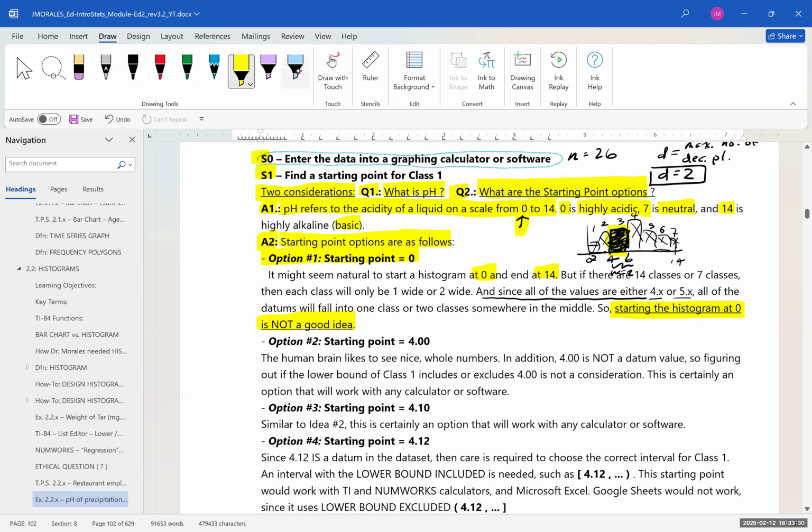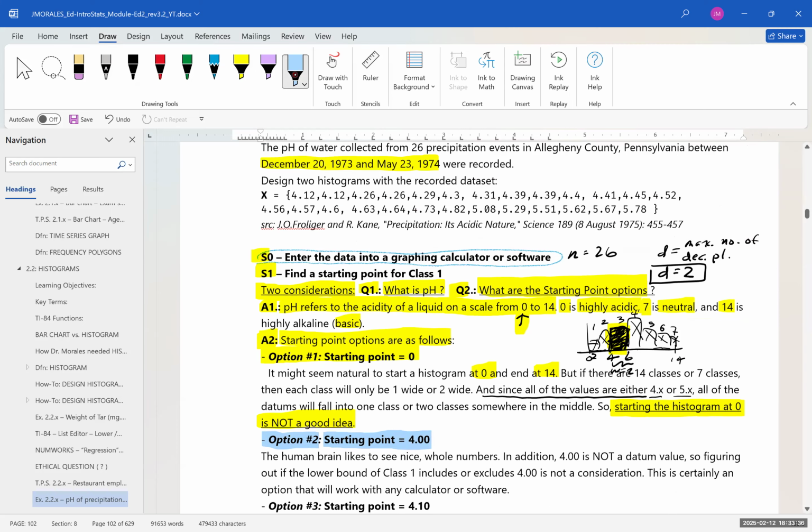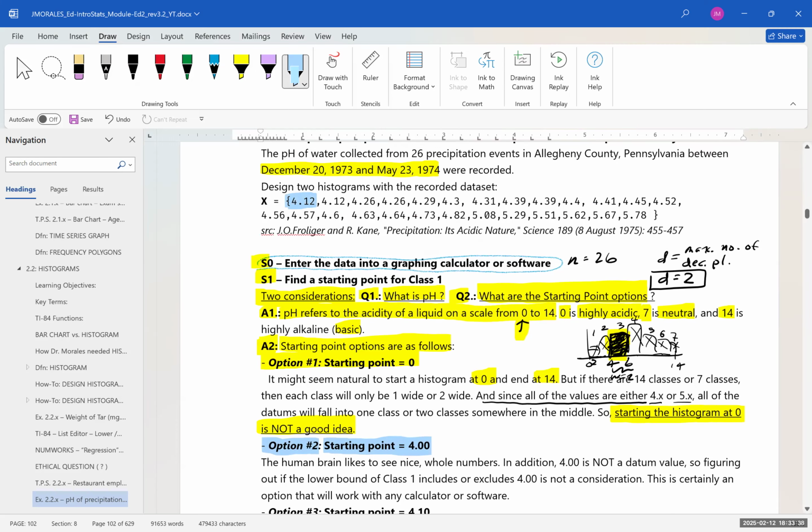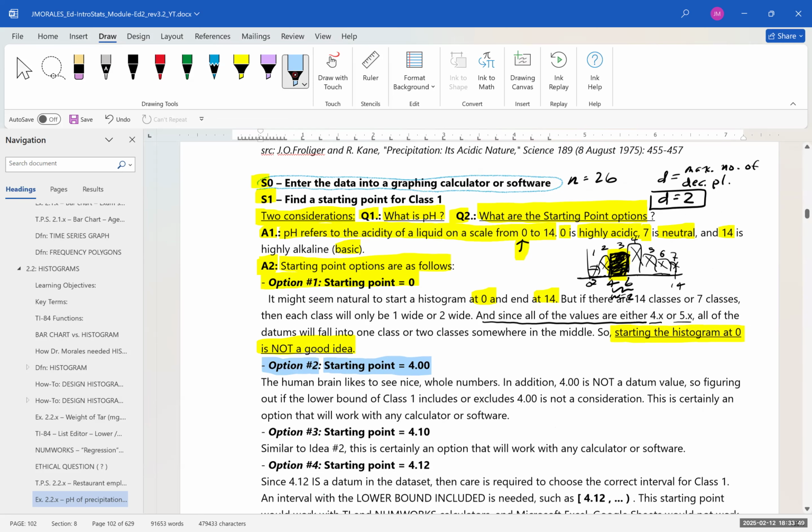Okay, option 2 is to choose a starting point of 4.0. So why 4.0? Well, look at our minimum number. It's 4.12. So we could choose a value that's lower or less than our minimum, and 4.0 fits that bill.